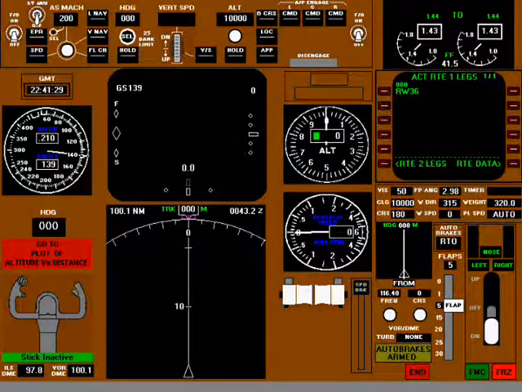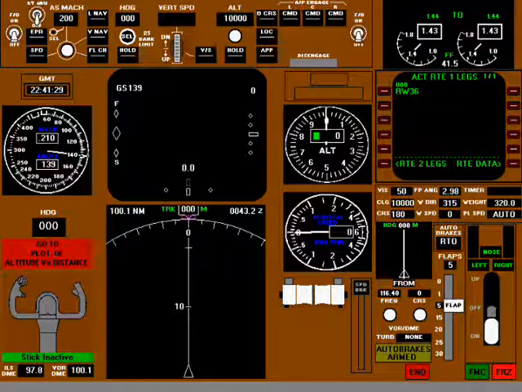This next case will show an initial climb to 1,000 feet, followed by an acceleration to best angle of climb airspeed, which at this weight is 215 knots.